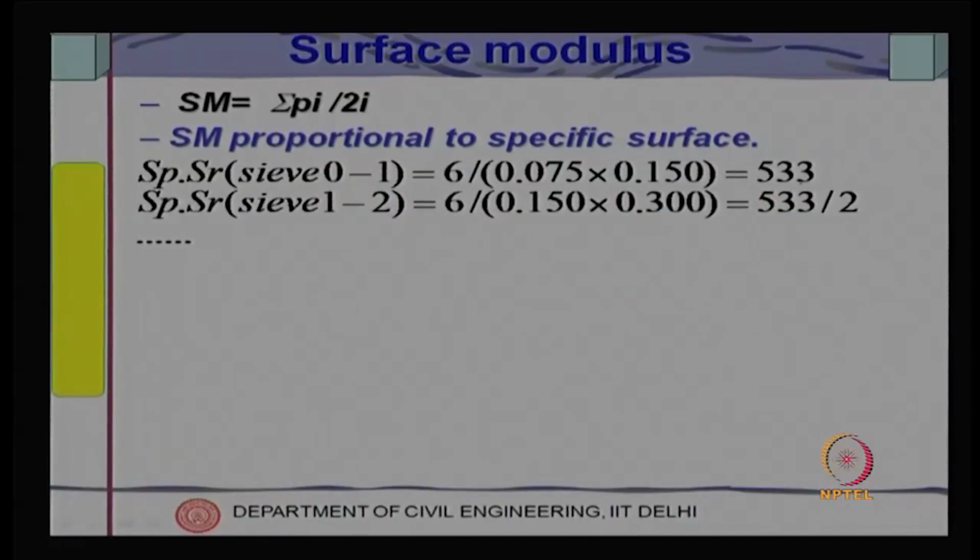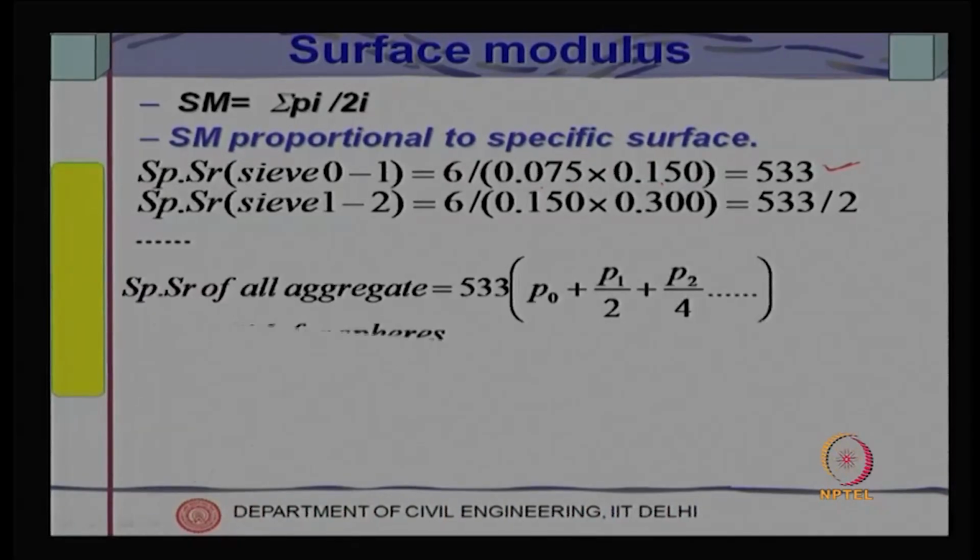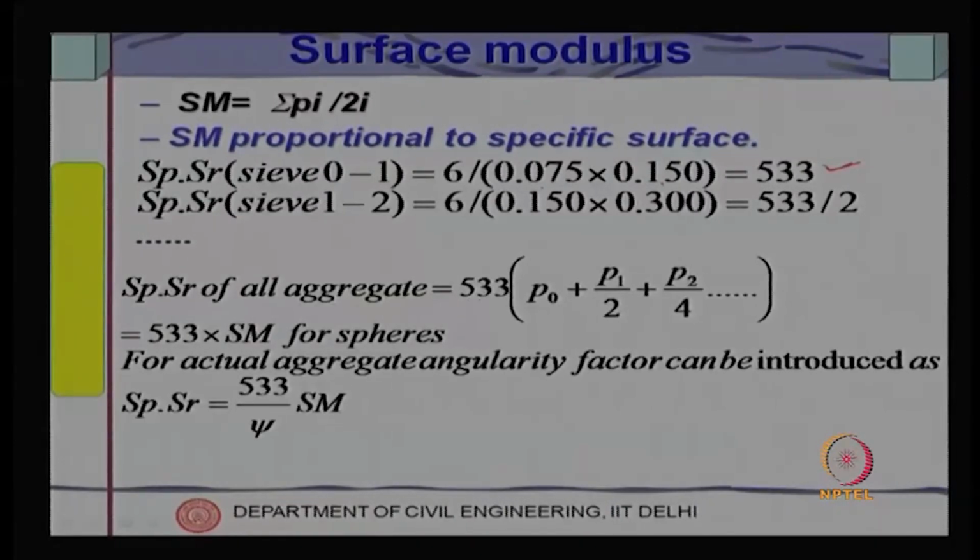Now, the SIB 0 to 1 is the average SIB between 75 micron and 150 micron. This corresponds to 533 when size is in millimeter. For the next level, 1 and 2, it is 533 by 2. Therefore, the specific surface of all aggregate will be the surface modulus multiplied by 533, because surface modulus is defined as this term, multiplied by the specific surface of the smallest group, 0 to 1, which gives you 533.